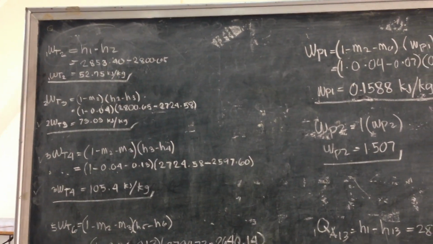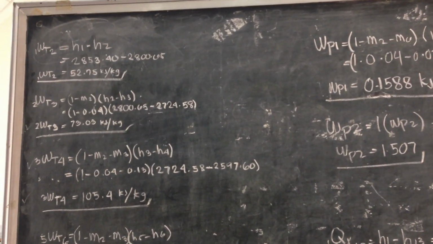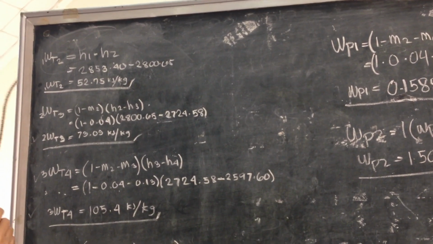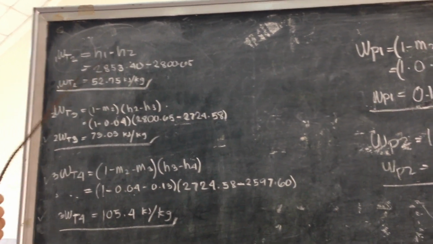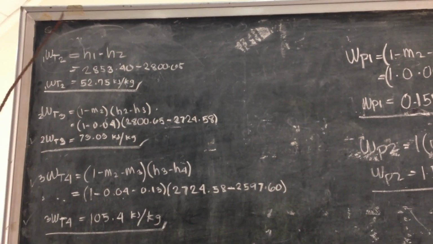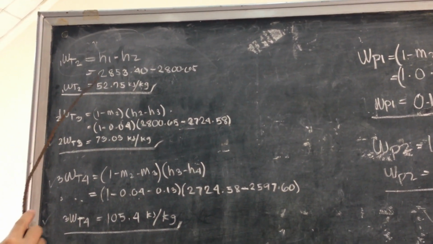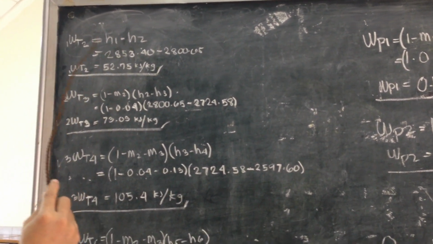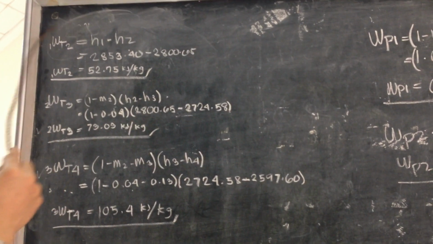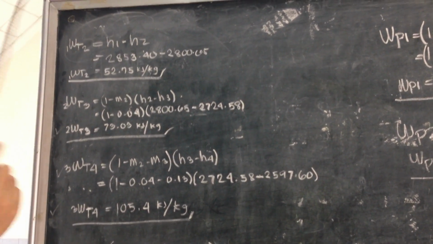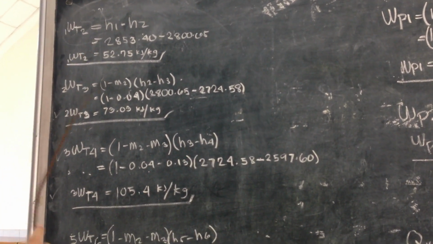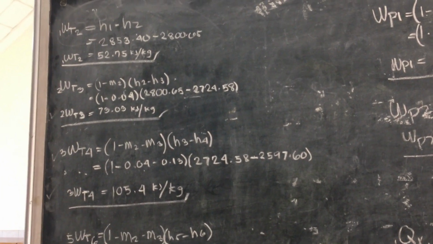Now we will proceed to work of turbine. So work turbine 2 is equal to H1 minus H2. Since we already got the H1 and H2, work turbine is equal to H1 minus H2. So the result is 52.75 kilojoules per kilogram.